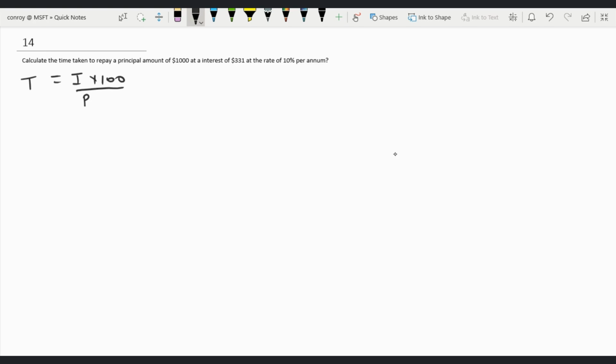We just interchange the other variables that are unknown. You know, our principal is equal to 1,000. We know our interest is equal to 331, and we know our rate is equal to 10%. And we're trying to find our time.